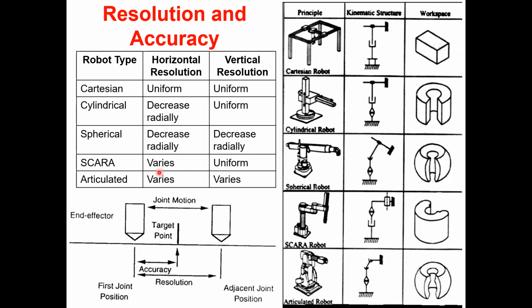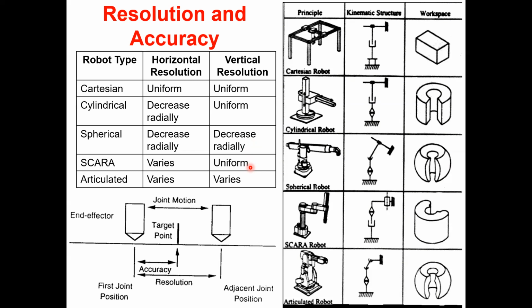SCARA, there you can see it is very complicated. You can't say anything for sure for horizontal resolution, but vertical resolution is uniform, because in the case of SCARA, both the first and second axes are vertical. So vertical resolution is uniform. It's not going to change. They are going up and down.